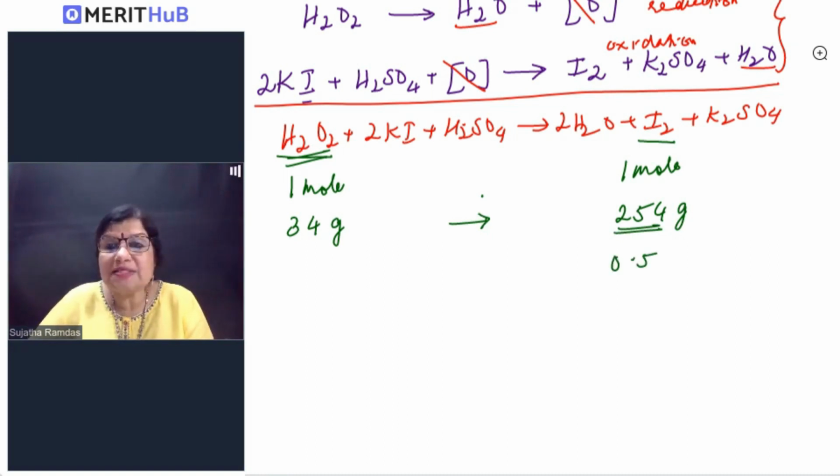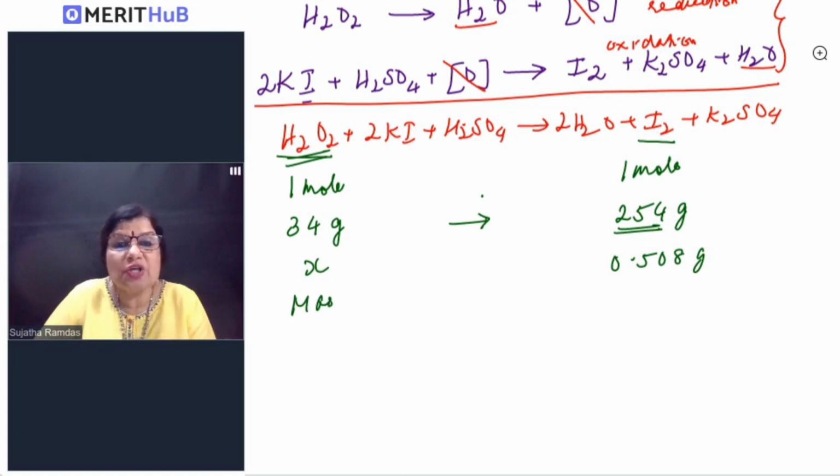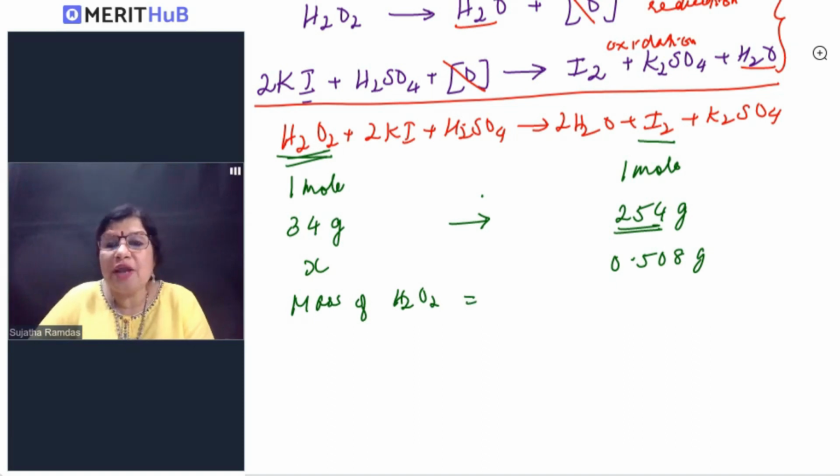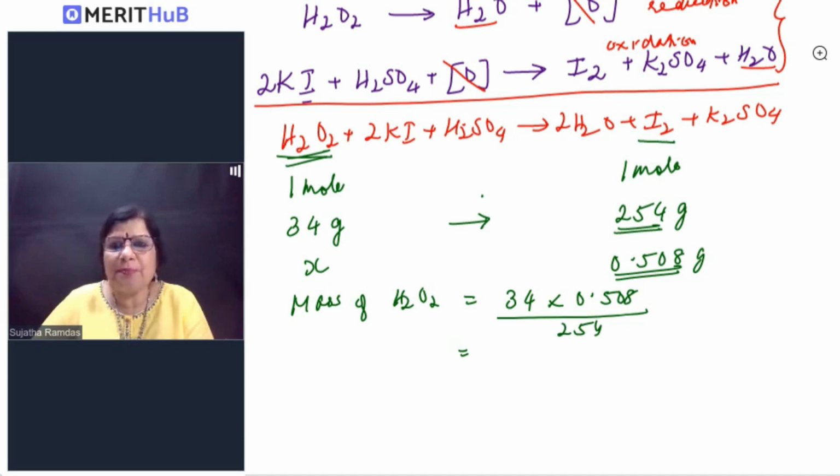We know the mass of iodine produced, so we can find out the mass of hydrogen peroxide which produces 0.508 grams of iodine. That would be 34 into 0.508 divided by 254. We can simplify this.